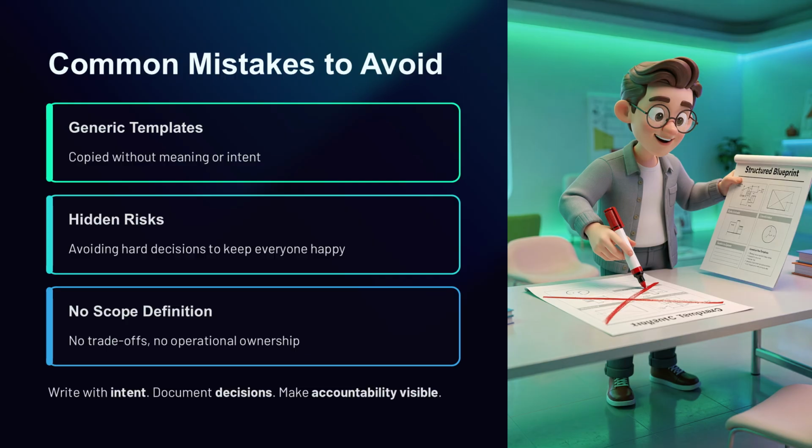Documents fail when they are generic, when they copy templates without meaning, when they hide risks, and when they avoid clear decisions to keep everyone happy. They also fail when they do not define scope, do not capture trade-offs, and do not define operational ownership. You avoid these mistakes by writing with intent, documenting decisions, and making accountability visible.